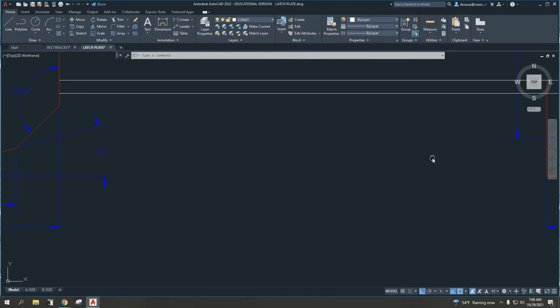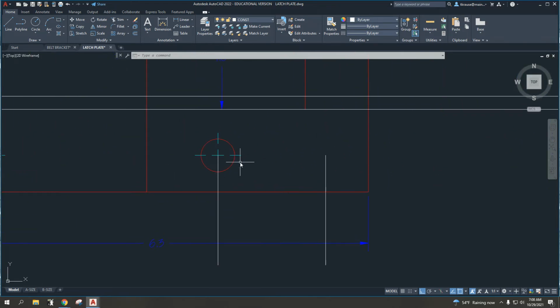Okay, so we slide back over here, and we're going to start to draw a line from this intersection point. I currently have ortho on. If it makes you feel better, we can turn ortho off. Again, that's F8. F8's ortho.